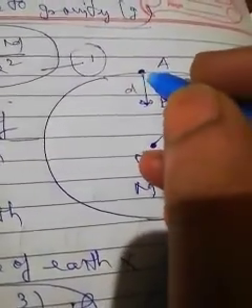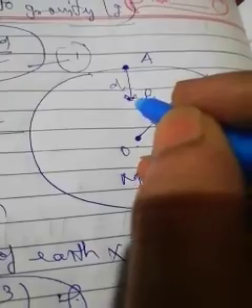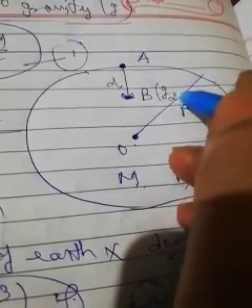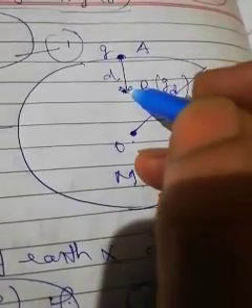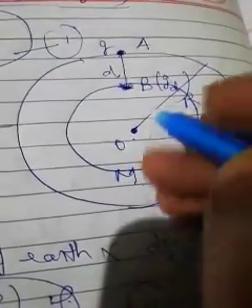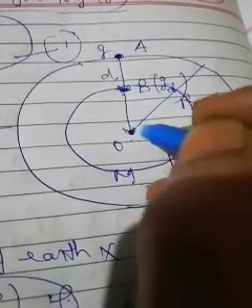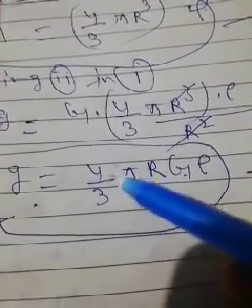Now what happens when we go to depth d inside Earth? Then at point B, what will be the acceleration due to gravity? Let it be gd. At point A it is g. Now let us find out gd. For that, we draw a small sphere. The mass in this small sphere is responsible, having a radius of r minus d. If we compare the acceleration due to gravity, 4 by 3 is constant, pi constant, G constant, rho constant.